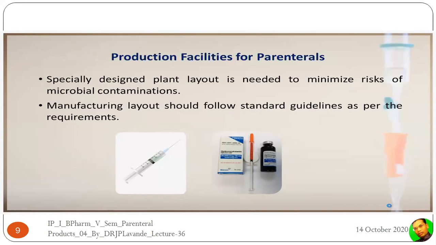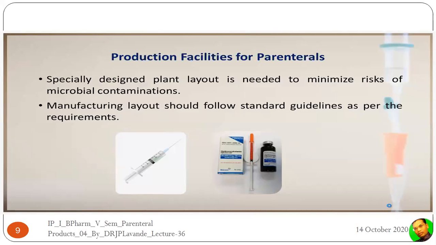So in order to maintain complete freedom from microorganisms, some strict and special environment and special facilities need to be provided during the production of parenterals. The manufacturing layout should follow some standard guidelines as per the requirement.